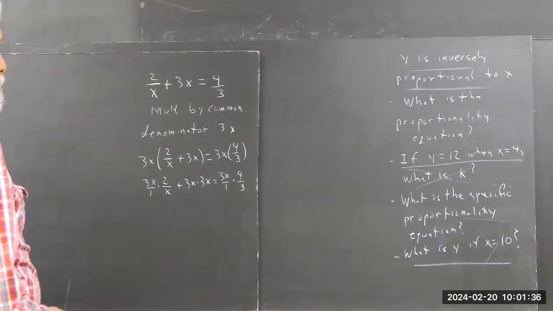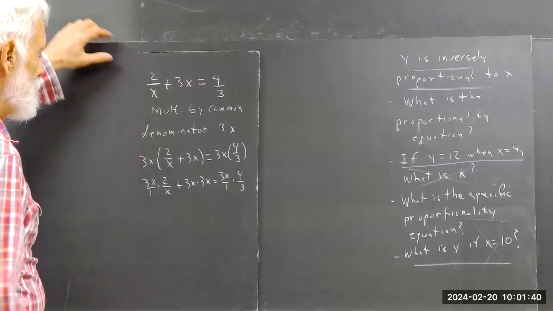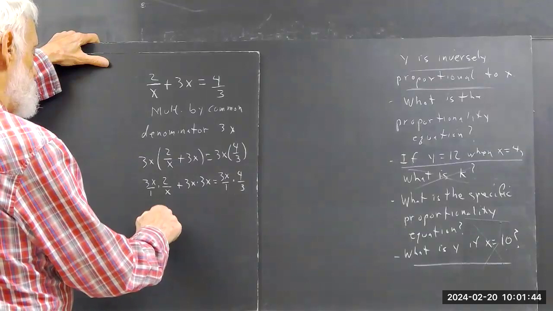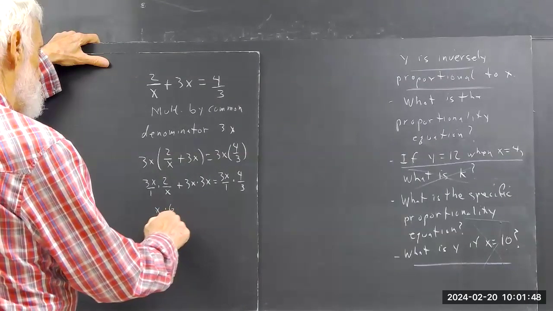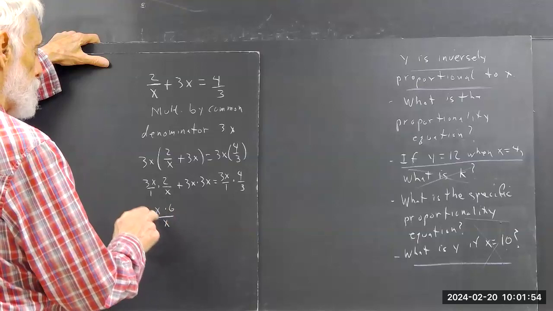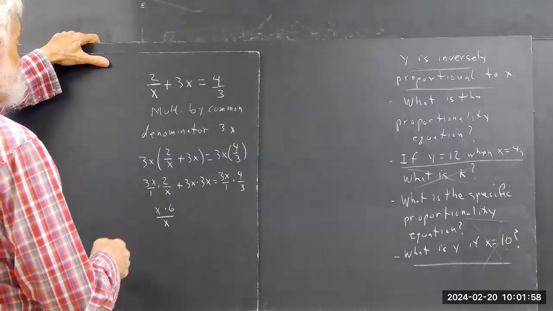Well, we can see that this comes out the same as x times 6 over x, and x divided by x is 1. So this is just going to be 6.